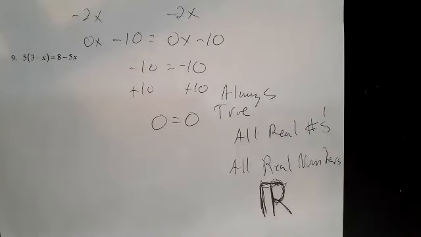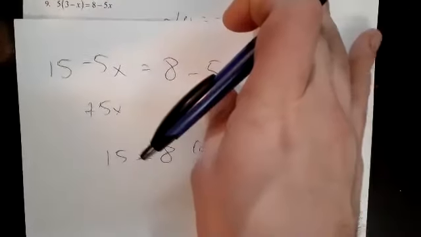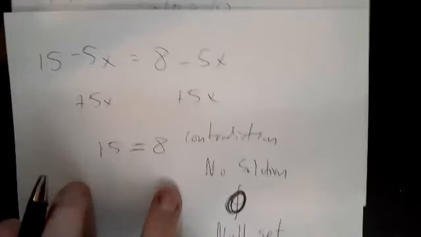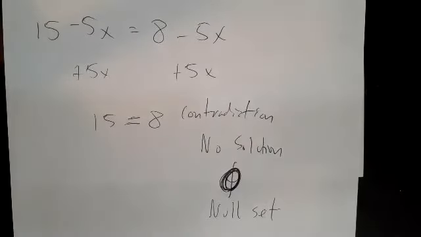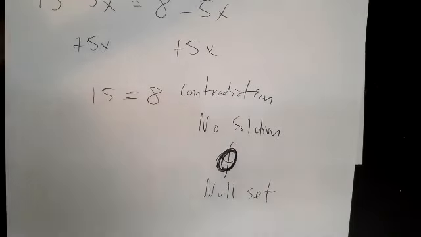So this is a special case that might happen. The other way was a contradiction, right? There's a possibility that nothing we plug in is ever going to solve this equation. There's no way to solve it. It's always going to end up with some kind of contradictory statement, right?